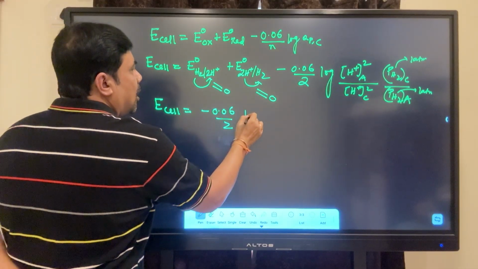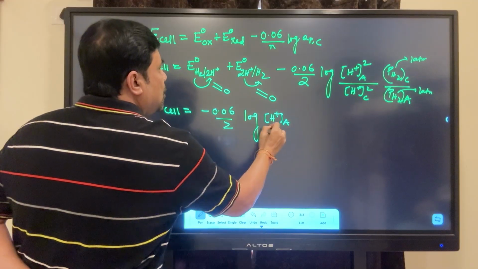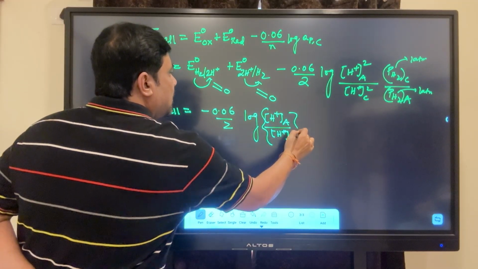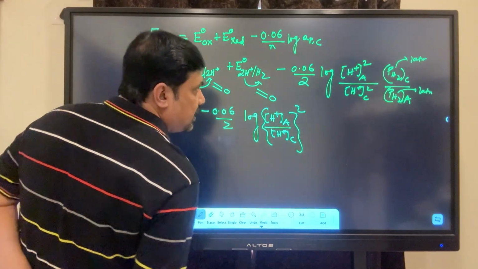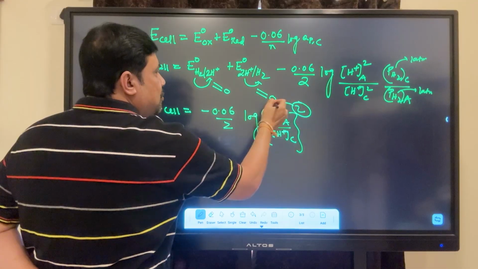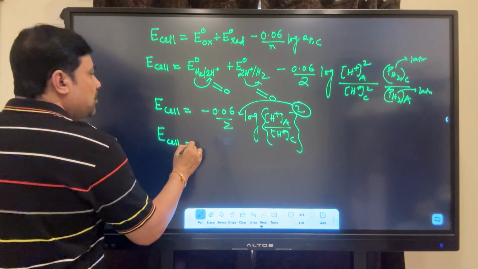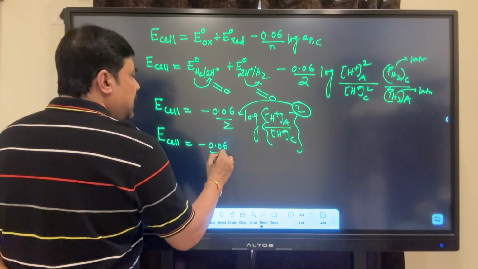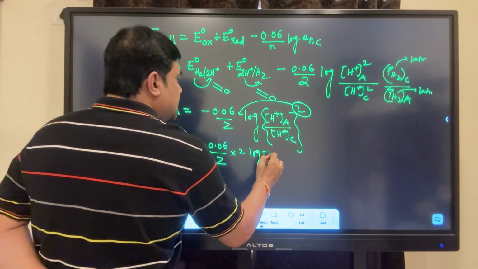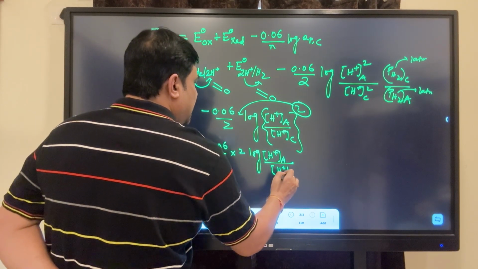by 2 log of H plus concentration at anode by H plus concentration at cathode, whole to the power, I am putting the square. Anyhow, that part is 1 by 1 is 1. Now as per this log rule, these two will come over here, then we can write E cell will be equals to minus 0.06 by 2 into 2 over here, log of H plus concentration at anode by H plus concentration at cathode.